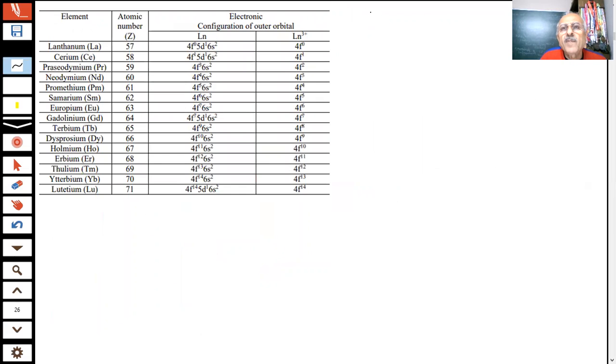Now, I am going to talk about the electronic configuration of the lanthanides, students. What are the inert gas elements?